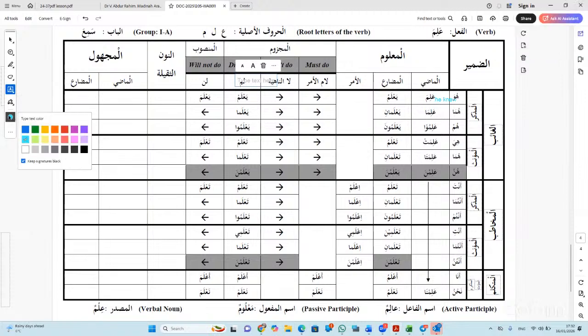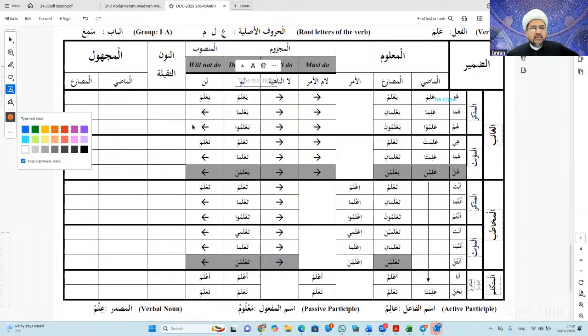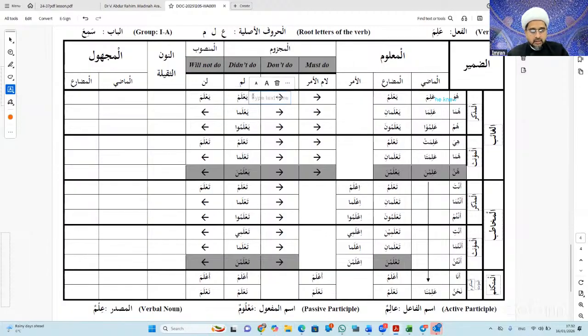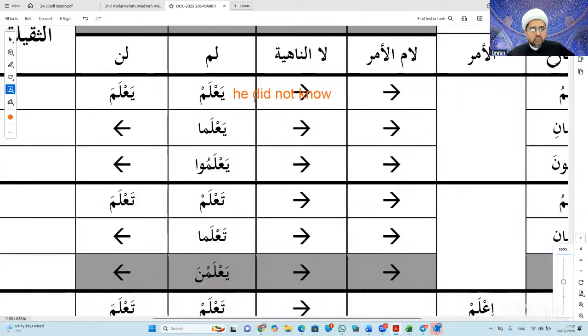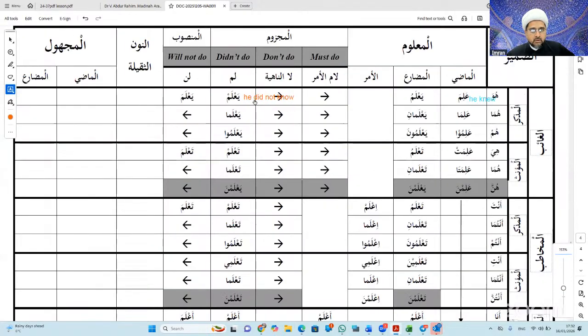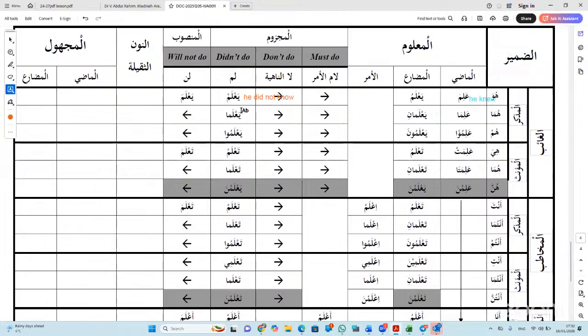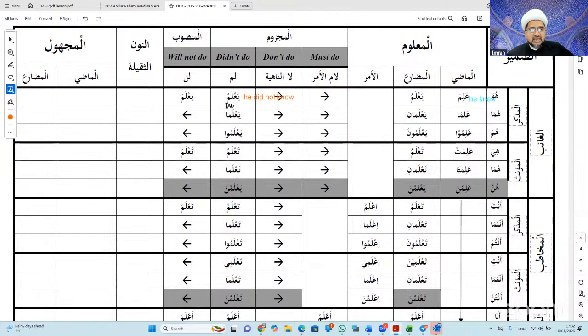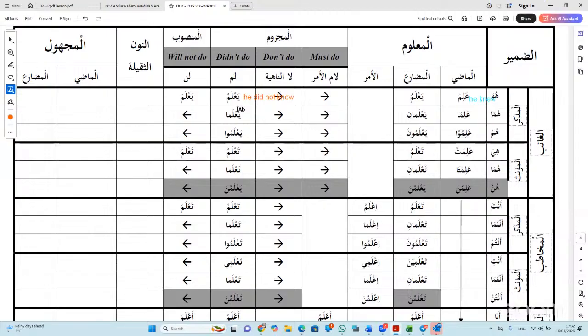He did not know. So if you're going to bring lam with the singular verb, what happens to the singular verb with lam when it comes? It changes the present tense to past tense, and it makes the last letter. Can we say lam ya'lamu? No. You put a sukoon. Excellent.